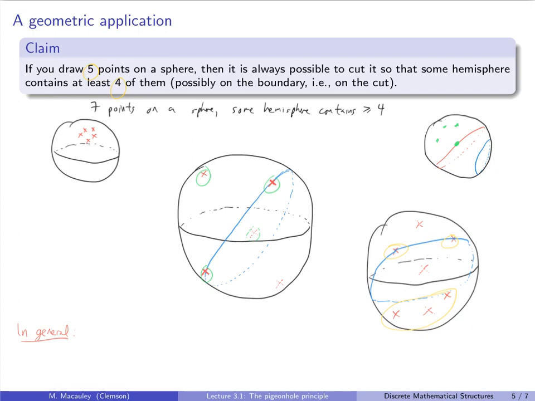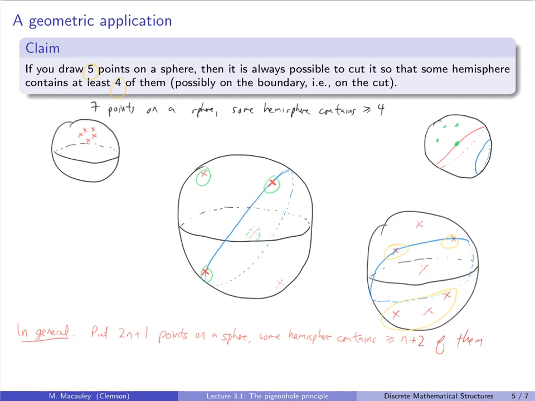I claim that in general, if we put 2n plus 1 points on a sphere, then some hemisphere contains at least n of them. I'm sorry, not n of them. So here we have n below, but we have n plus 2 of them, because we have 2 of them that are on the boundary. So n plus 2 of them.